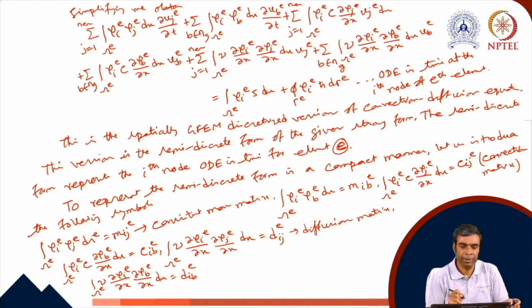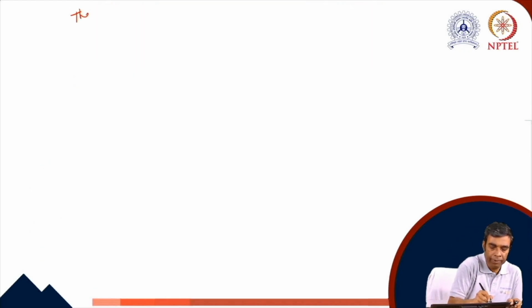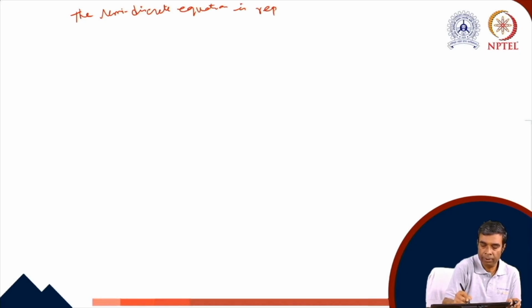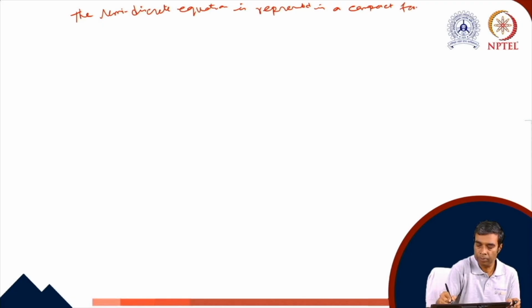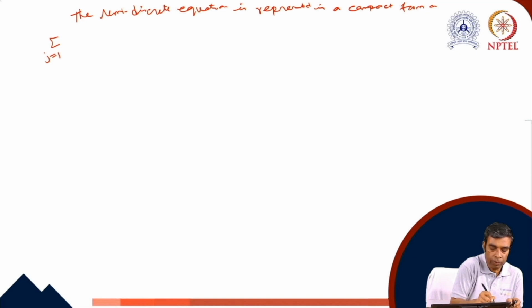For the semi-discrete form, the semi-discrete equation is represented in a compact form as summation over j equals to 1 to nen mije del uje del t.